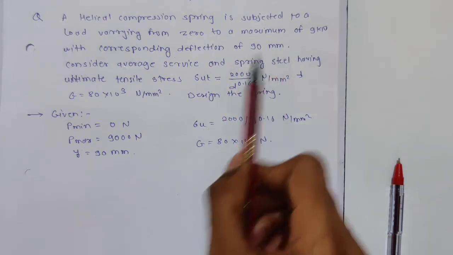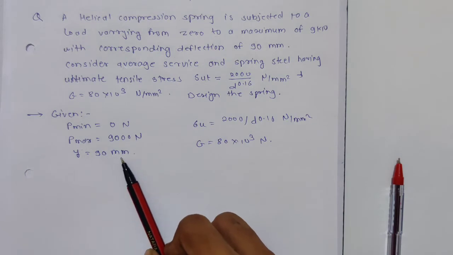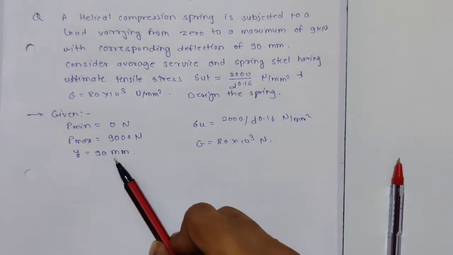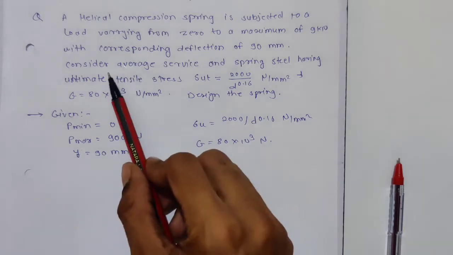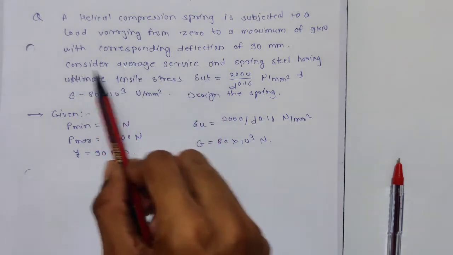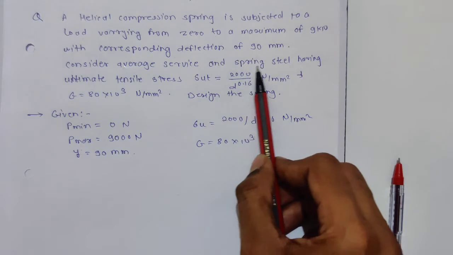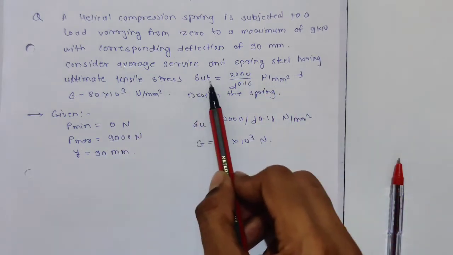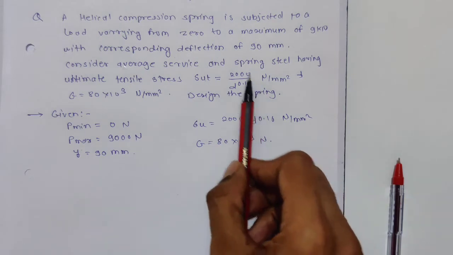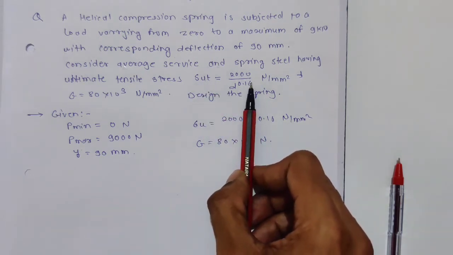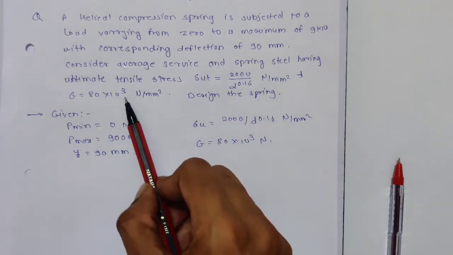For 9 kN it is 90 mm deflection. So y is equal to 90 mm. Consider average service. Spring steel has ultimate tensile strength sigma ut of 2000 upon d raised to 0.16. This is nothing but the value of sigma u, and G is also given.